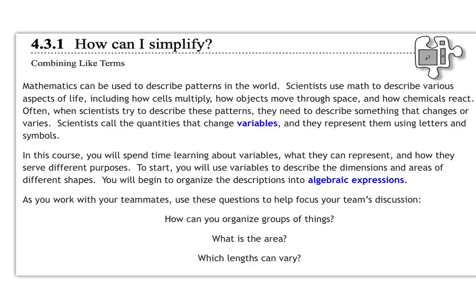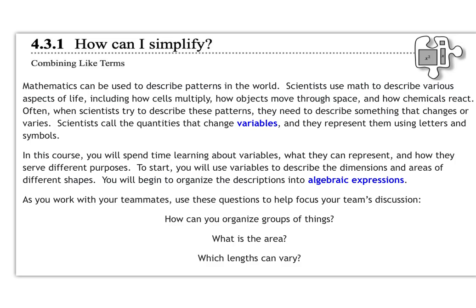First, I'd like to read what our combining like terms will be with what we'll be doing in the next week or two. Mathematics can be used to describe patterns in the world. Scientists use math to describe various aspects of life, including how cells multiply, how objects move through space, and how chemicals react. Often, when scientists try to describe these patterns, they need to describe something that changes or varies.